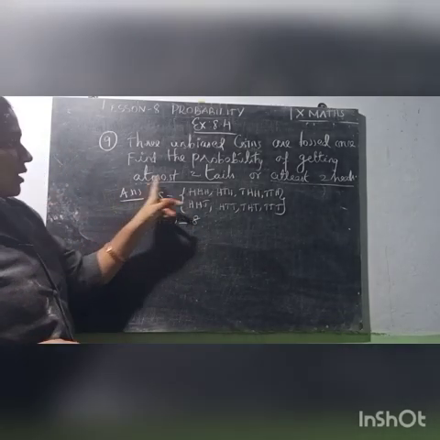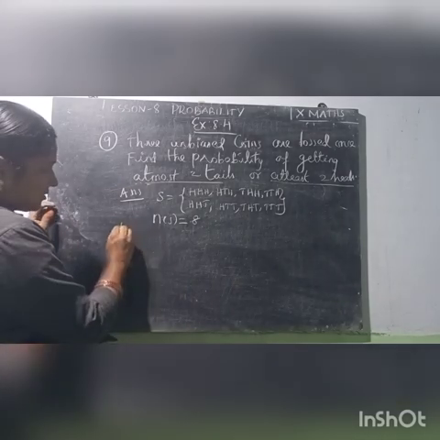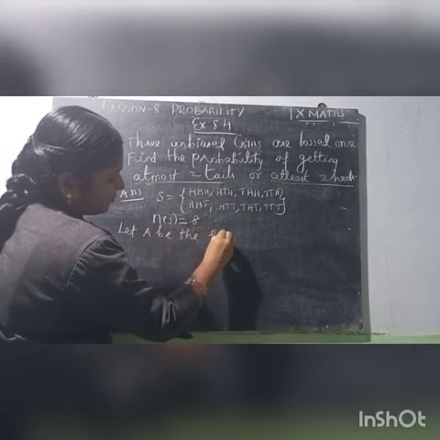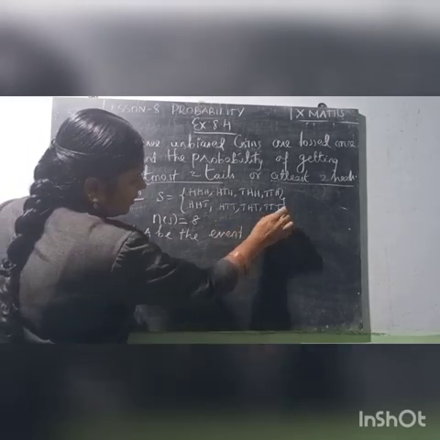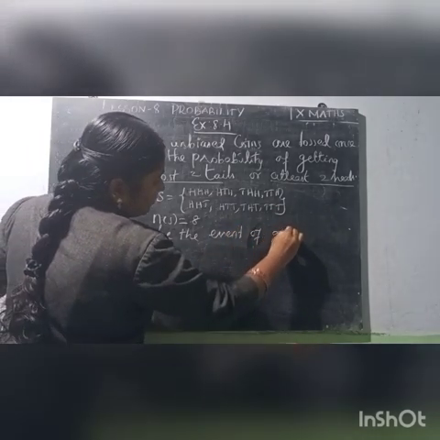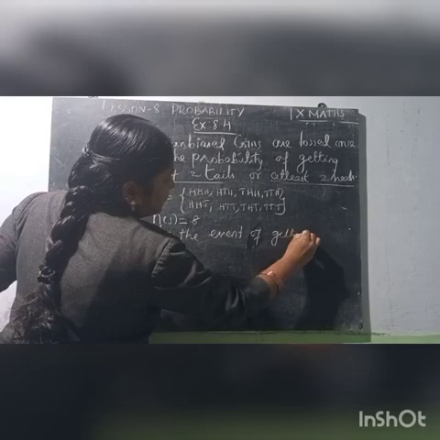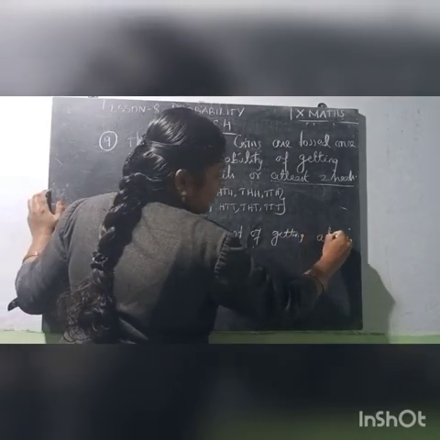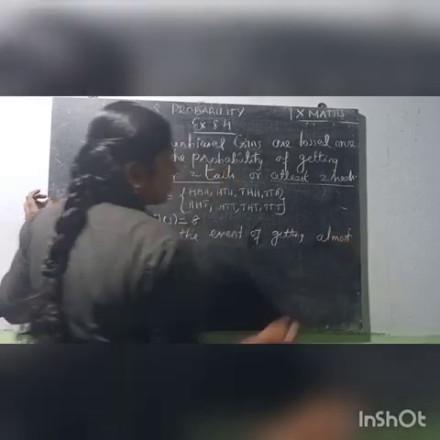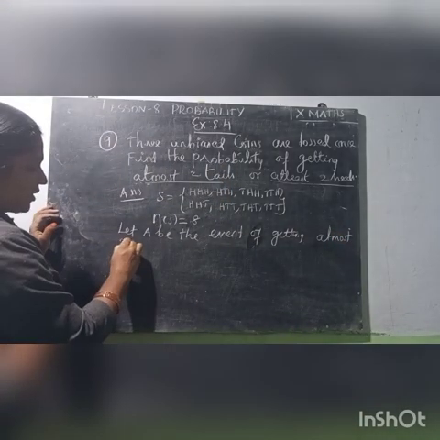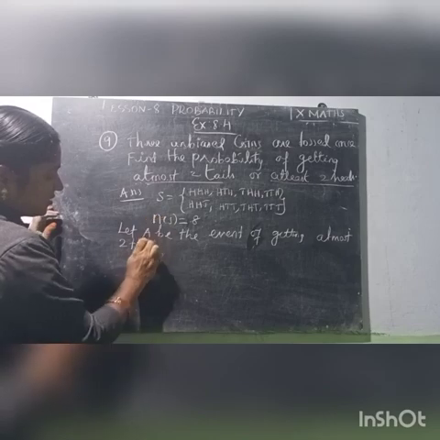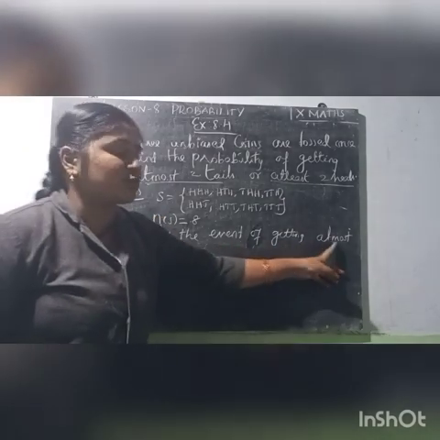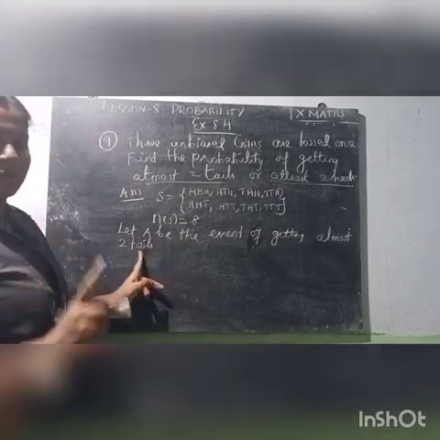So first one is at most 2 tails. Let A be the event of getting at most 2 tails. What is the meaning of at most 2 tails? Maximum 2 tails.